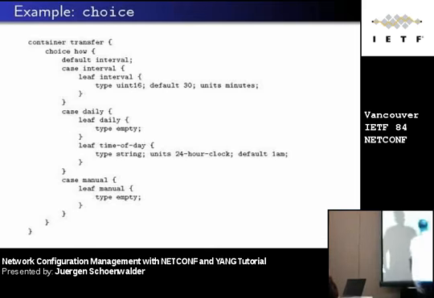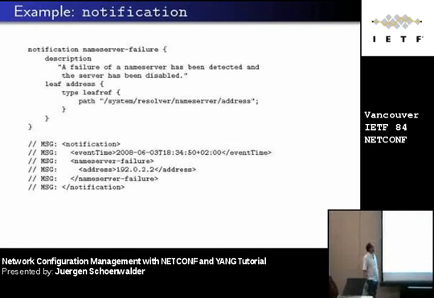Here's the definition of a notification. Suppose I want to send a notification on main server failure. This is how I can do this. I define a notification, main server failure. It has a description and a leaf, and that's the address that I'm sending when the main server fails. I'm not writing down that this is a leaf of type IP address, because it's not just any IP address, but one of the IP addresses that I configured in the namespace.